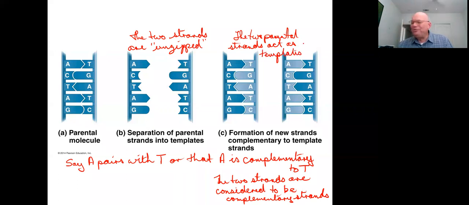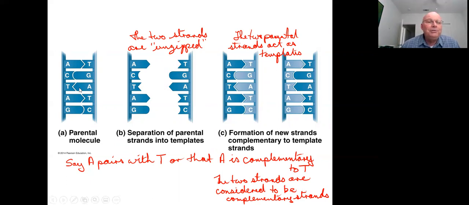And because they each represent half of the original DNA molecule, that's where the concept of semi-conservative comes from. Half, semi, of the original DNA molecule is always conserved in each of the new DNA molecules. Hence the name semi-conservative replication.